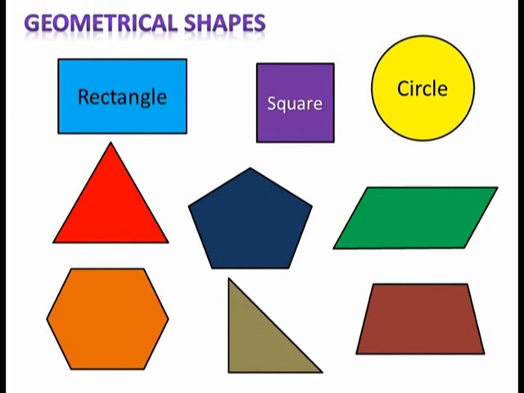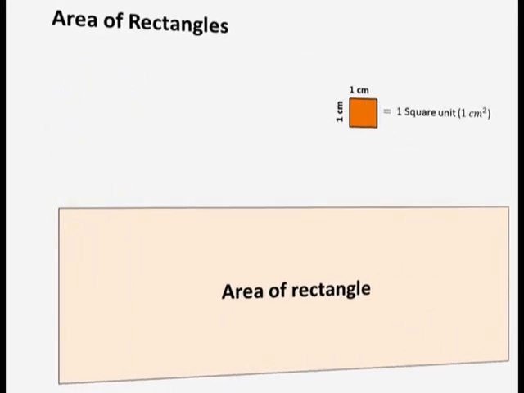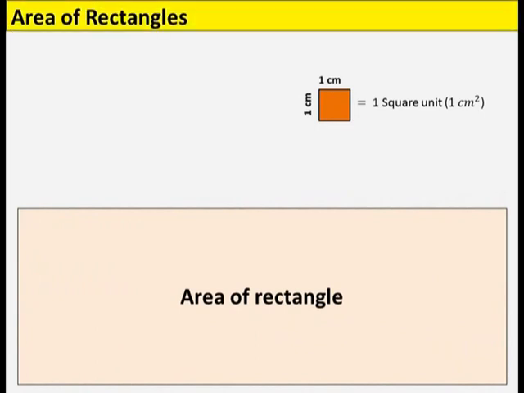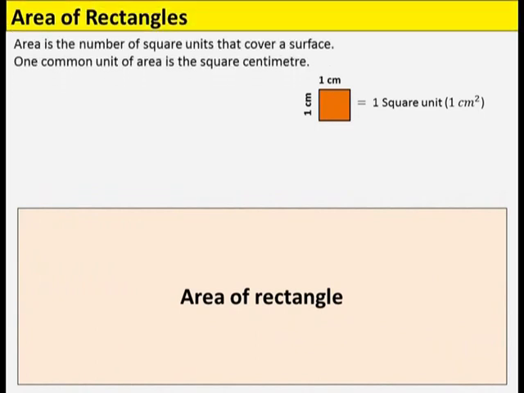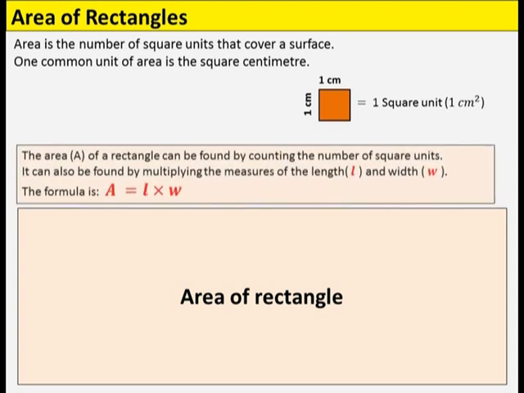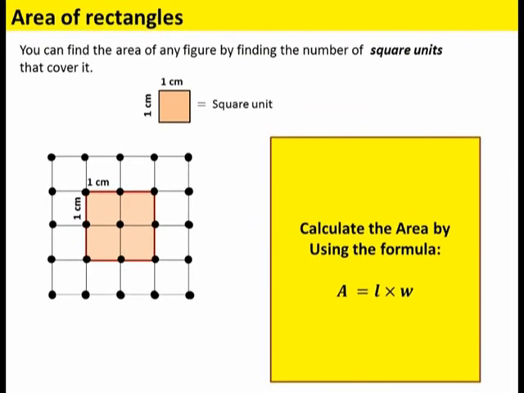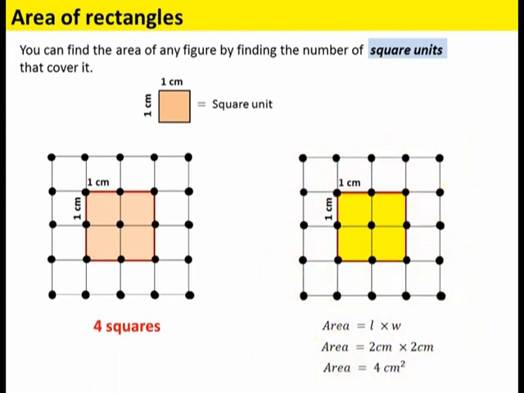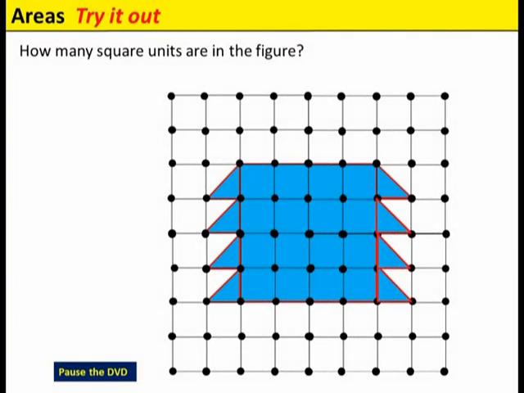Geometrical shapes. Areas of rectangles. Area is a number of square units that cover a surface. One common unit of area is the square centimeter. How many square units are in each figure? Work with a partner.